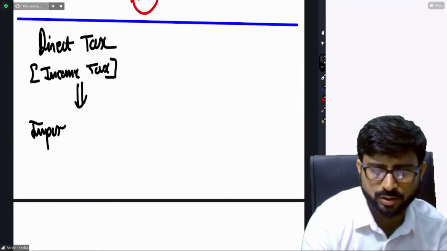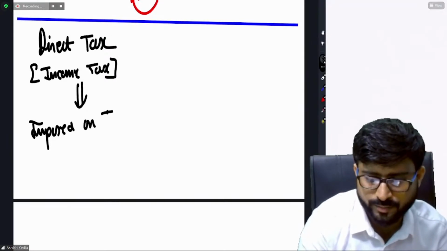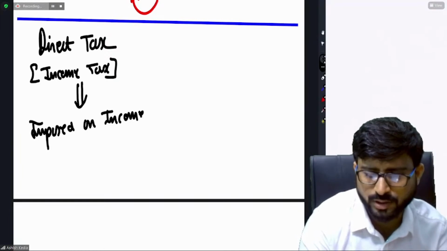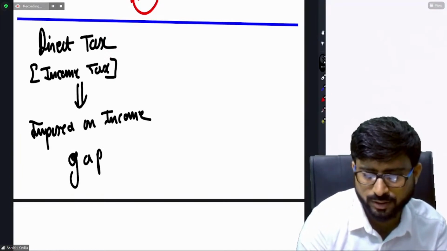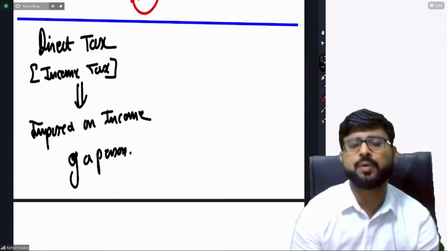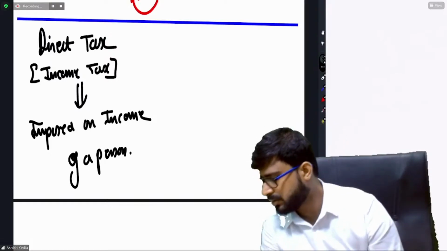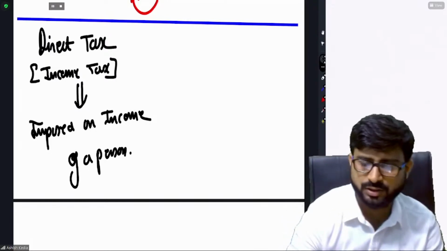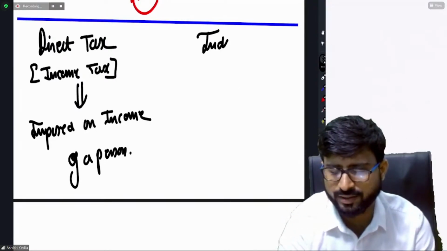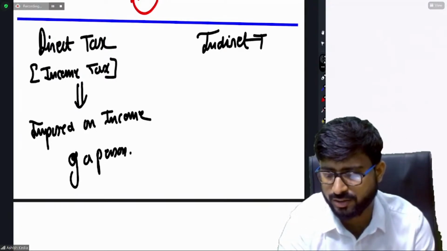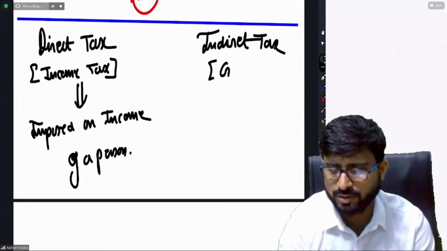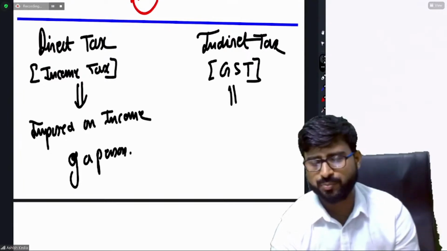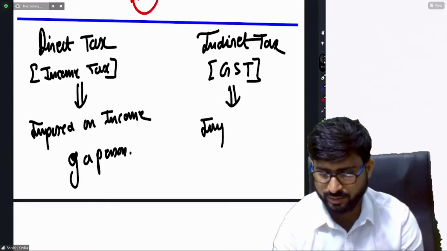It is imposed on the income of a person. Indirect tax example is GST. It is imposed on goods and services.